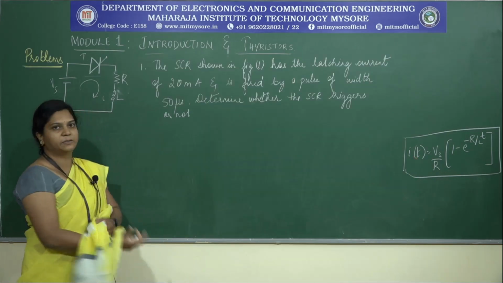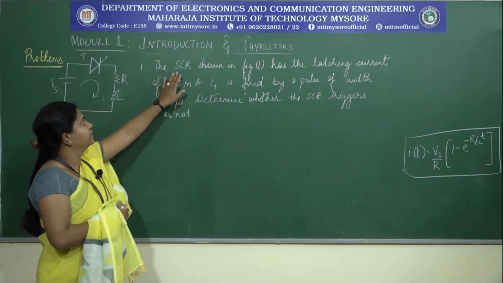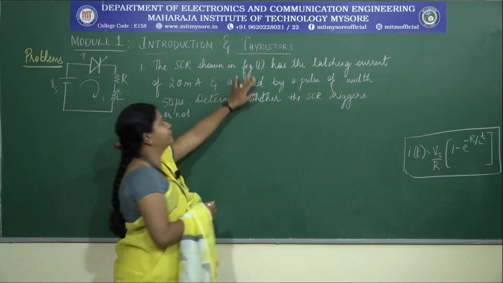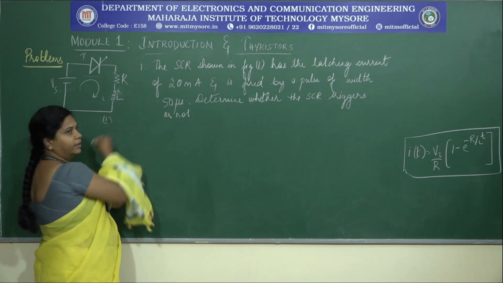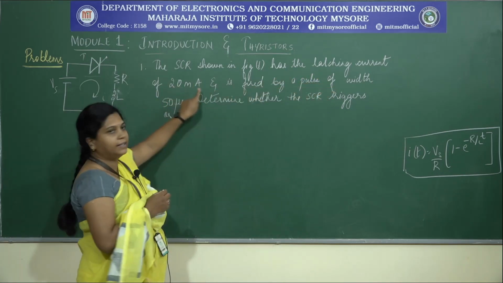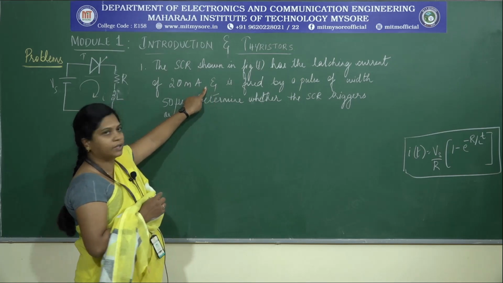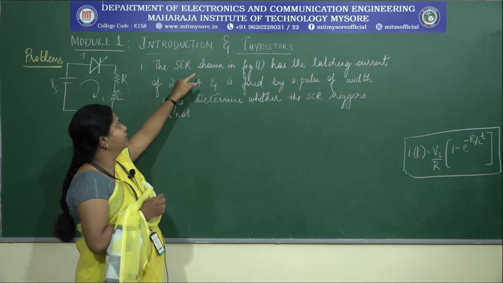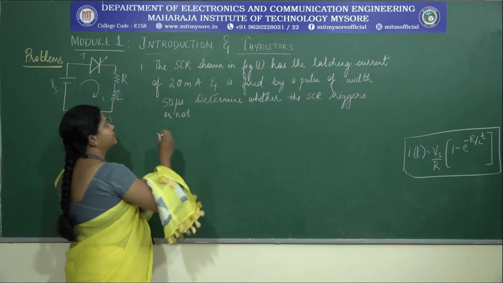Now, let us see the first problem which states that the SCR shown in figure 1, let us say this is the figure 1, has the latching current of 20 milliampere. As you read the statement of the problem, write down the given specifications.